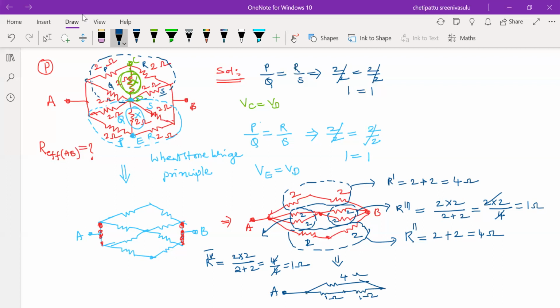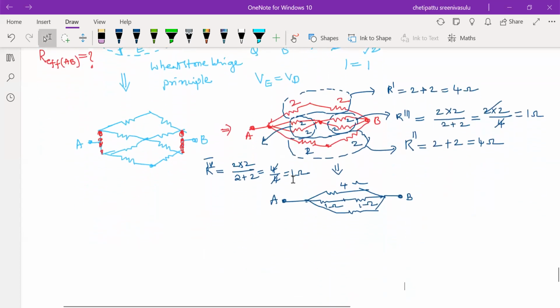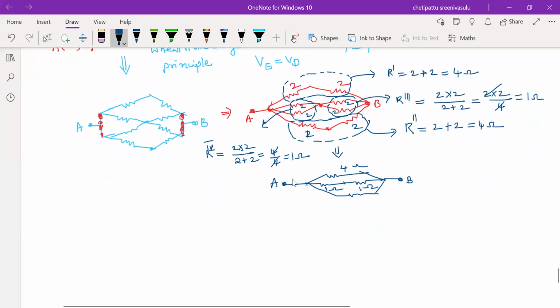Next, down you can observe here, this is B. Now, you can observe here this is 4 ohm.